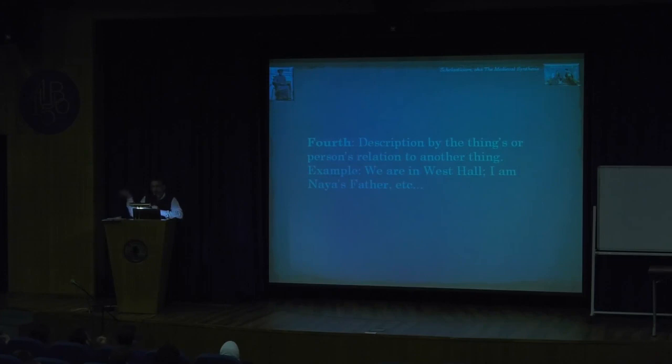To define X in relation to Y, there's a dependence between X and Y. Our being in Westhall depends on Westhall pre-existing us. We cannot come in here and say we are now in Westhall had Westhall not been here before us. So if you want to make reference in describing the divine to anything outside of the divine, then there's a dependence on something that must have pre-existed the divine, which really doesn't work.